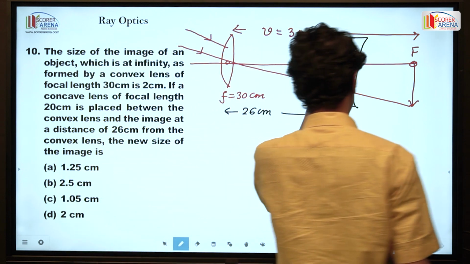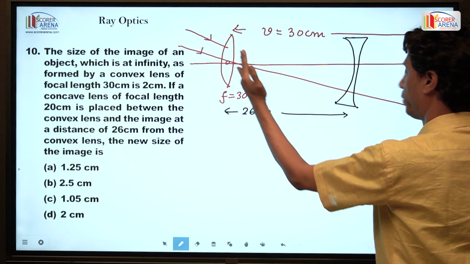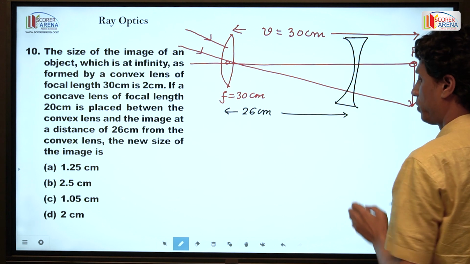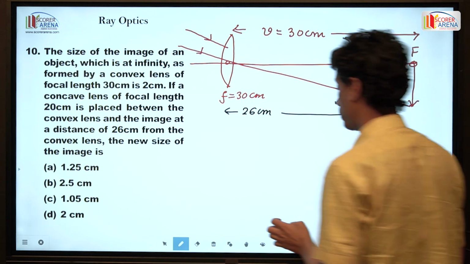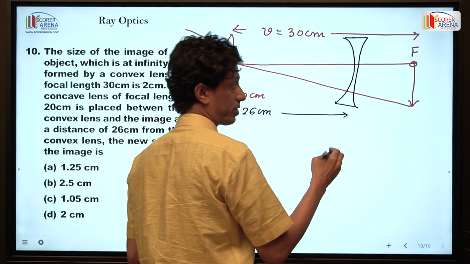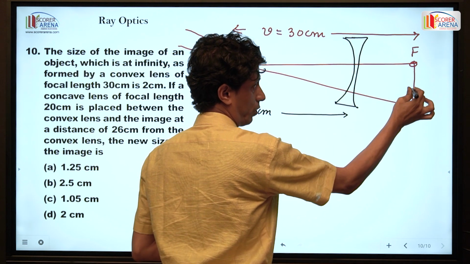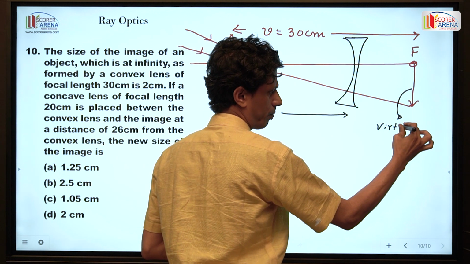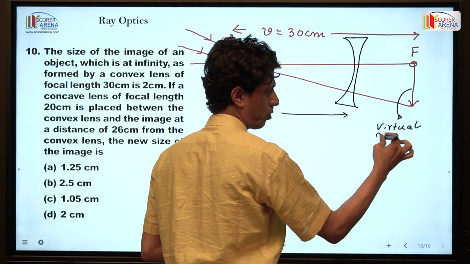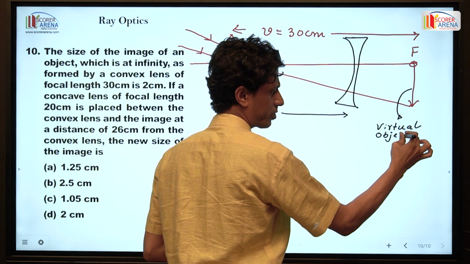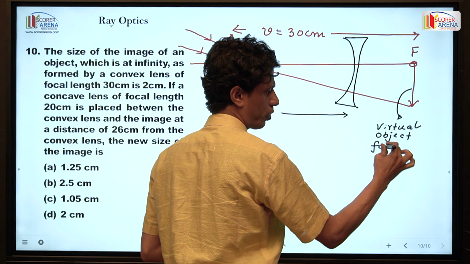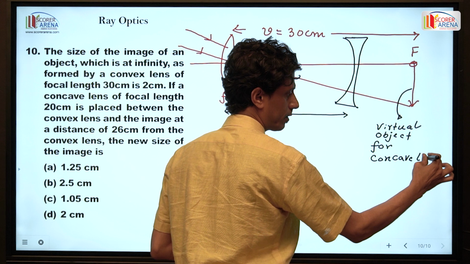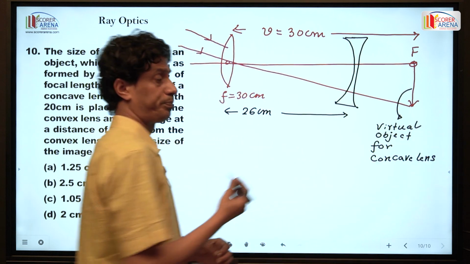When this diverging lens is placed at a distance 26 centimeter in between the convex lens and the real image, this real image will act as a virtual object for the concave lens.